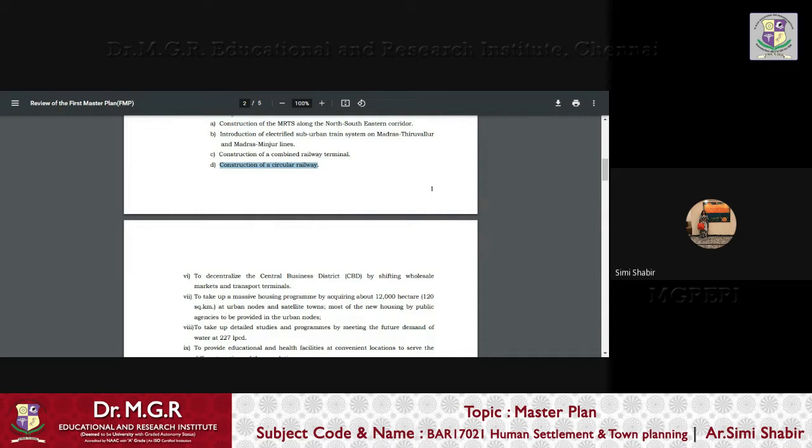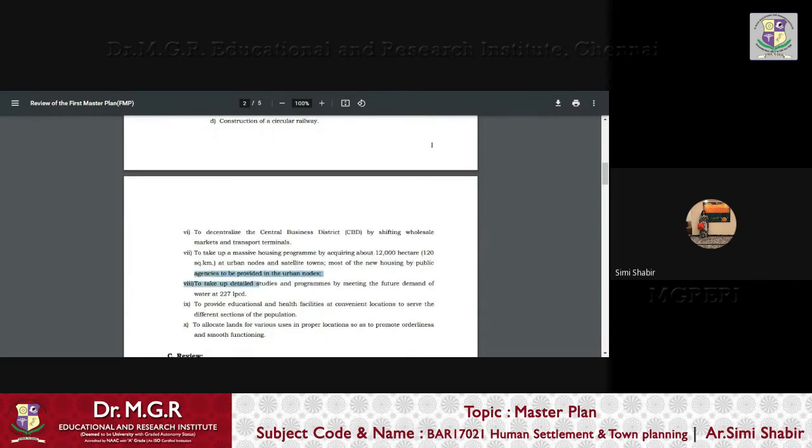So now the need to decentralize the CBD meant that the wholesale markets and the transport terminals had to be pushed away from the CBD. To take up a massive housing program by acquiring about say 12,000 hectares or say 120 square kilometers at urban nodes and satellite towns. Most of the new housing by public agencies to be provided in the urban nodes.